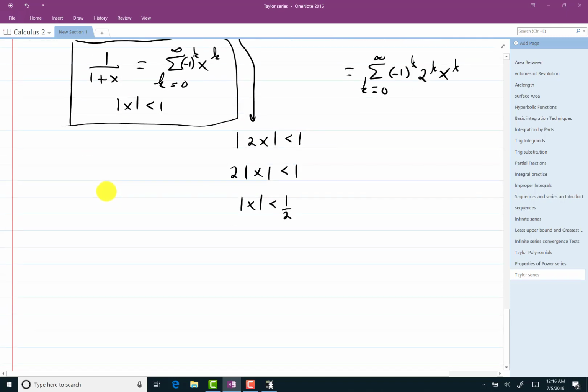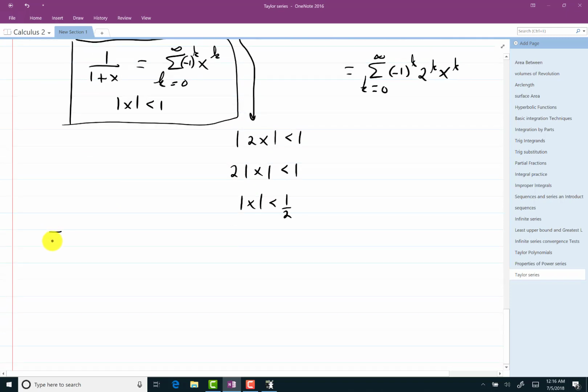So if you want the interval of convergence, you can solve this and you'll get negative 1/2 is less than x is less than 1/2. The only thing, though, is you got to check these endpoints to see if they're part of it. So I may put a less than or equal to in here. So let me check them out.